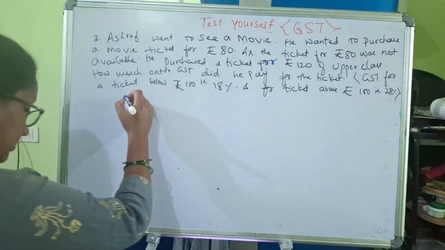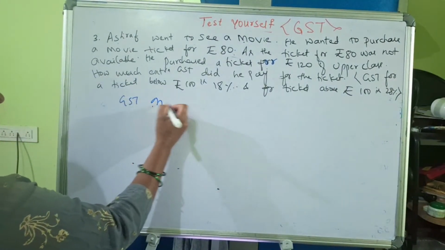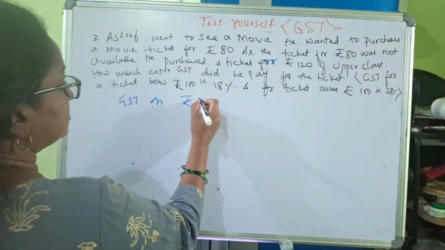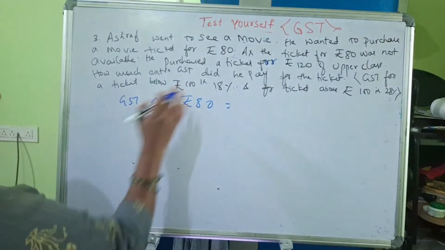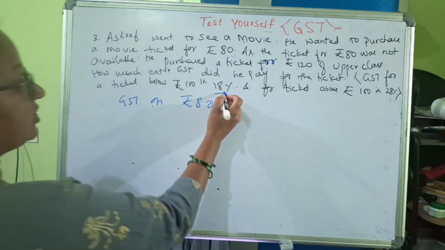That means GST on rupees 80. So 80 is less than 100, then the GST applicable is 18%.